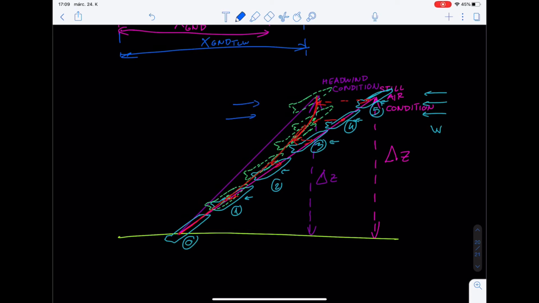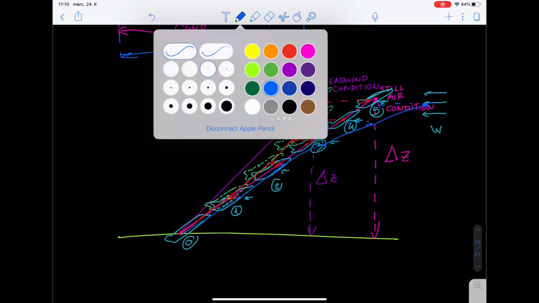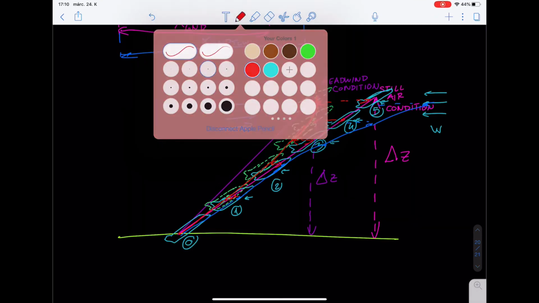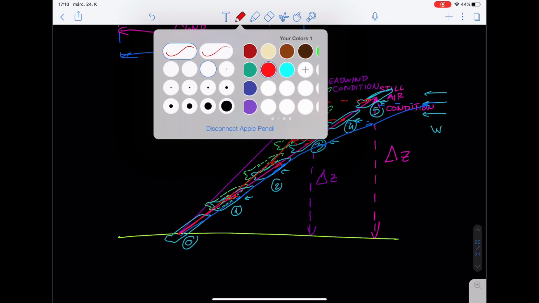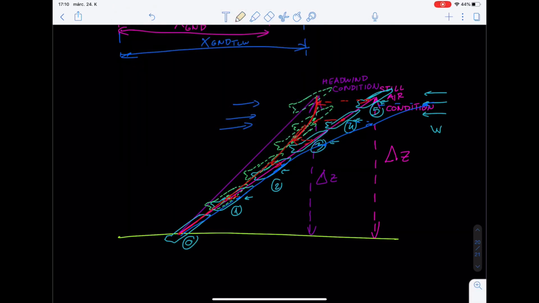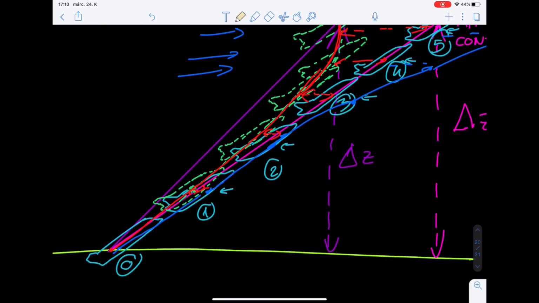If you have a tailwind, you're going to have at every single second a secondary route, which is going to be the same exact effect, just the opposite way, right? So actually you could have like a secondary airplane right here, which is always being drifted off, and it's going to be a very complicated drawing, but let's go with it.